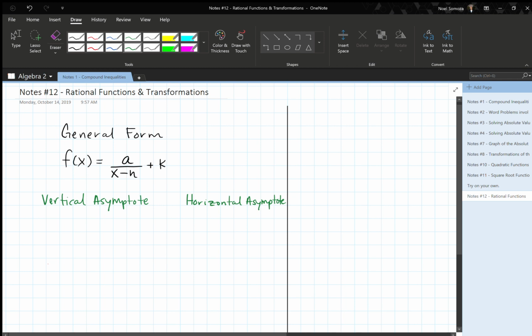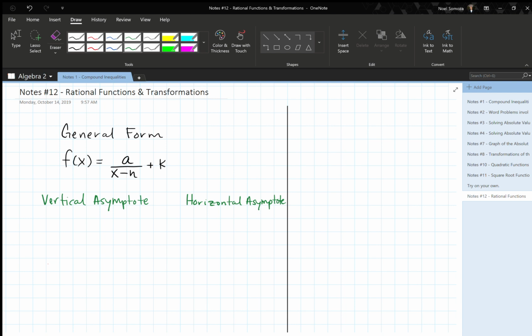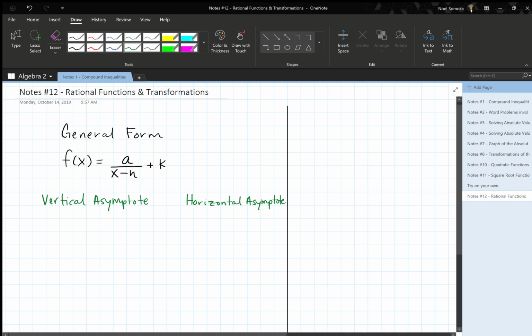A vertical asymptote is just a vertical line that the graph cannot touch. An asymptote in general is a line that the graph will approach but never touch. You've seen asymptotes with exponential functions and now with rational functions.